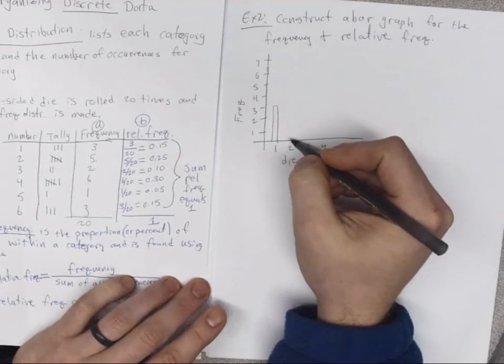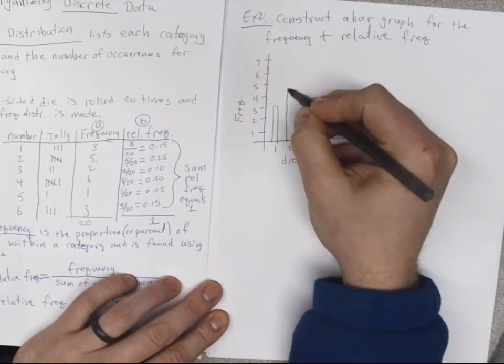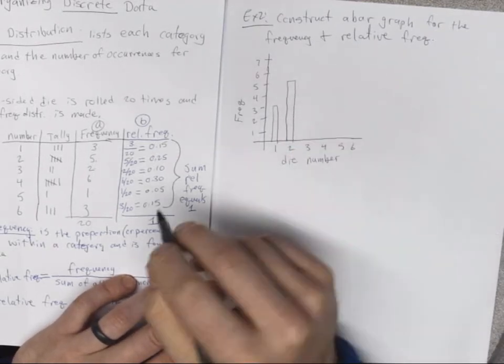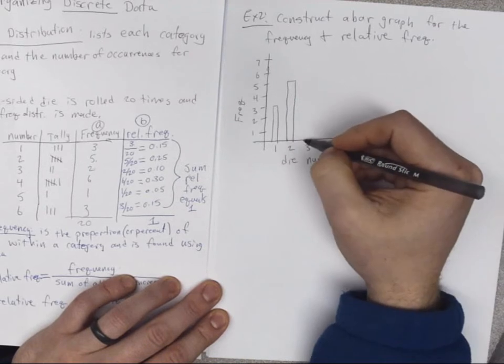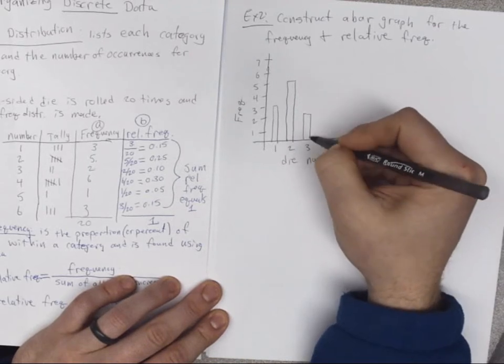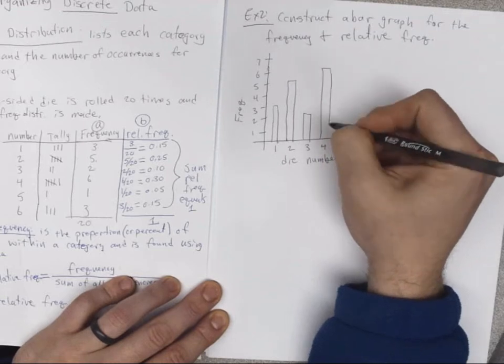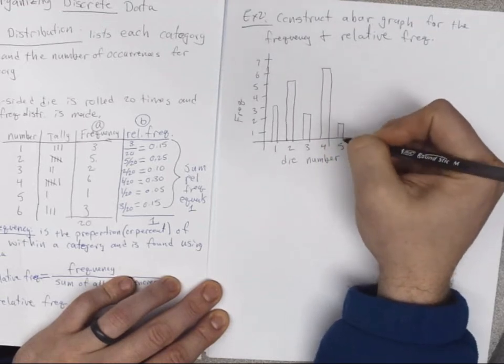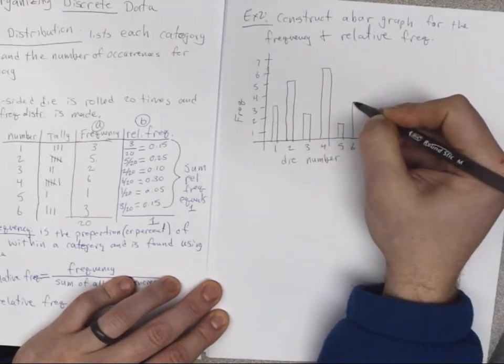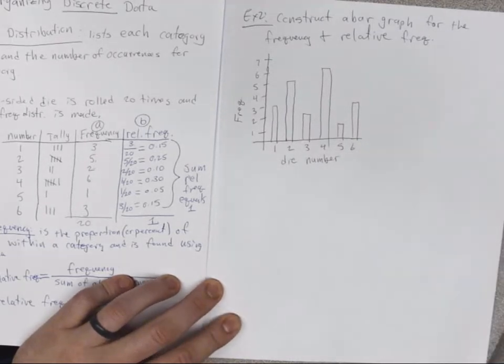Then move over to 2. It was rolled 5 times. 3 was twice. 4 was 6. 5 was 1. 6 was 3. Simple as that.